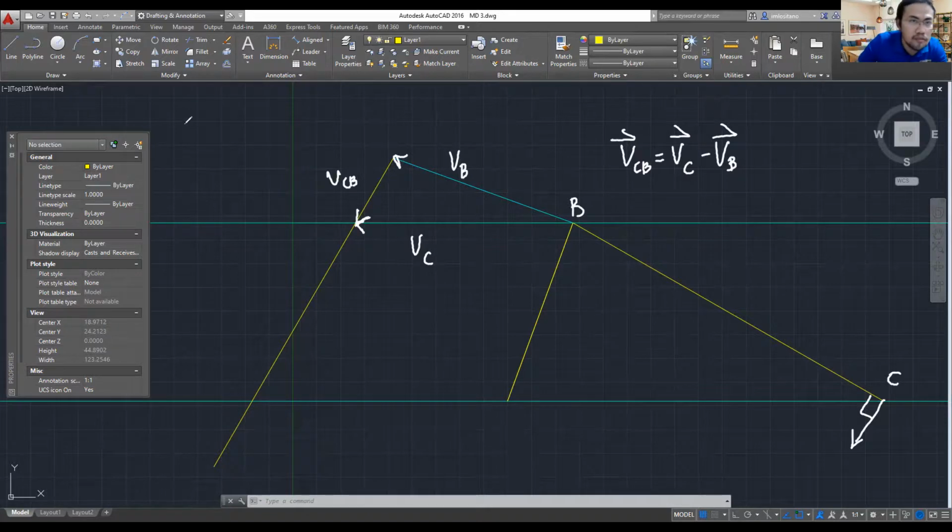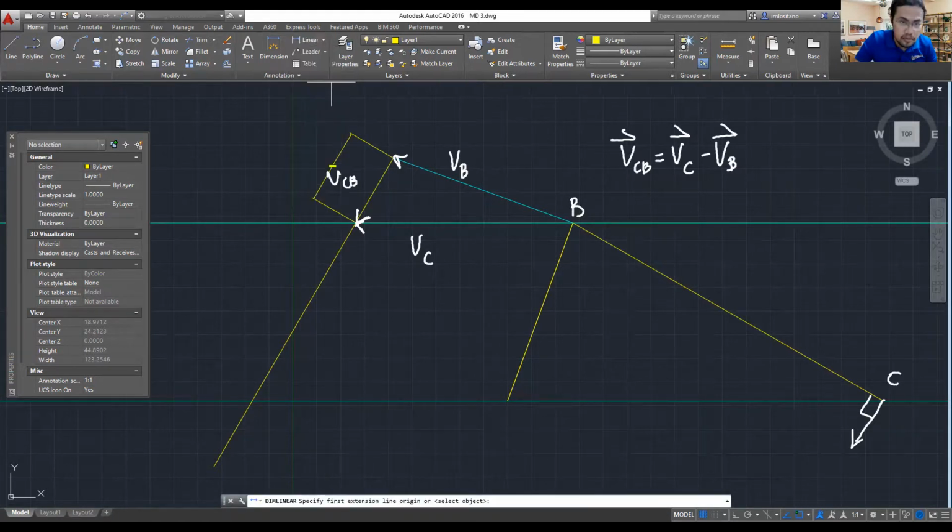Now, to get the value, we simply measure, because we know this is drawn to the actual length of the magnitude.